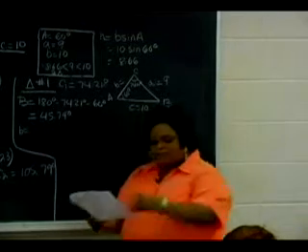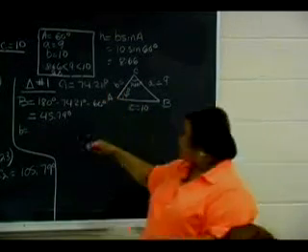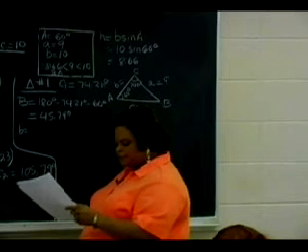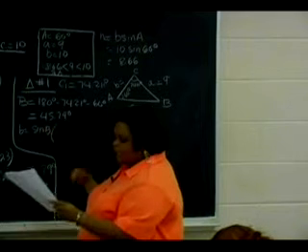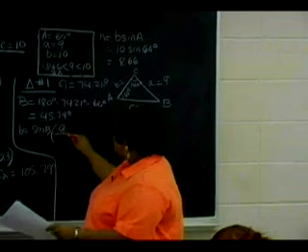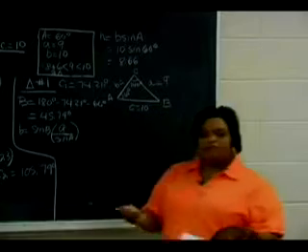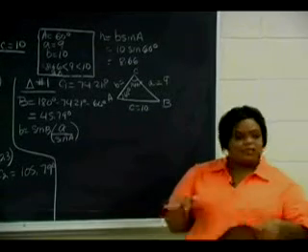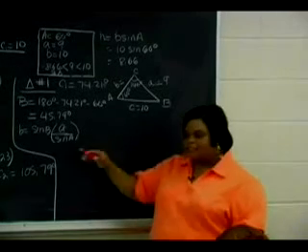And what is little b? I need to go back to my law of sines here, and I'm given my A, so I can multiply by sine B, and I have a over sine A. Now, you're going to have to get down the skill of configuring these formulas to what you need. We really don't have time to teach how to get these formulas the way they should be, so you'll have to go home and review that.